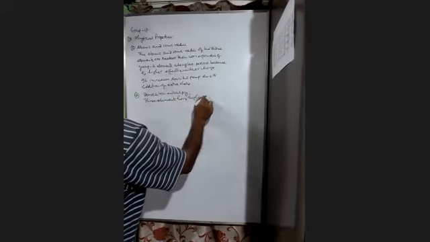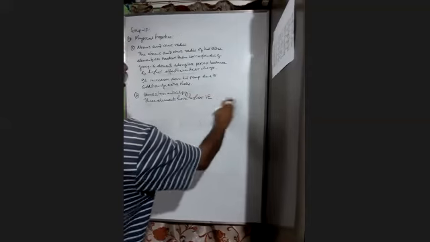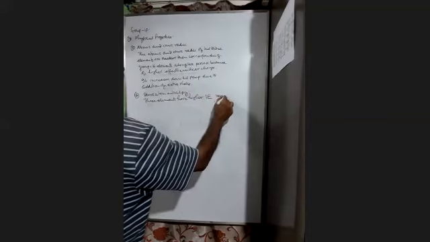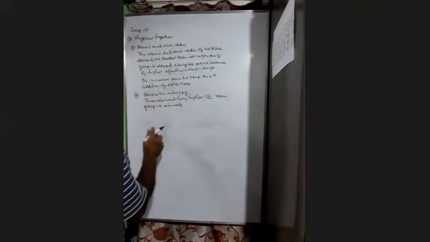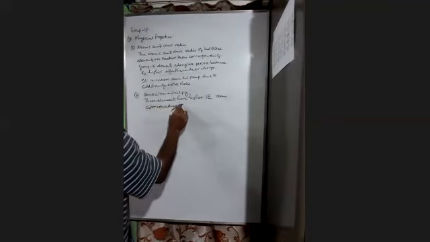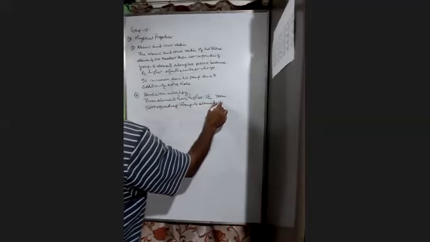Ionization enthalpy. These elements have higher ionization enthalpy than corresponding group 16 elements along the period.